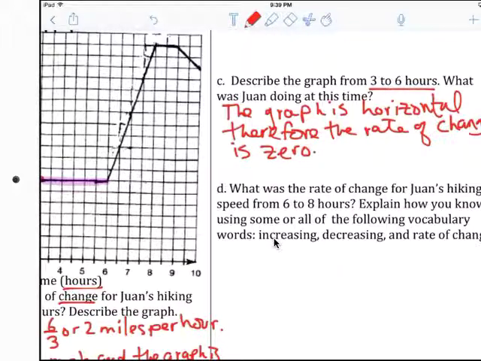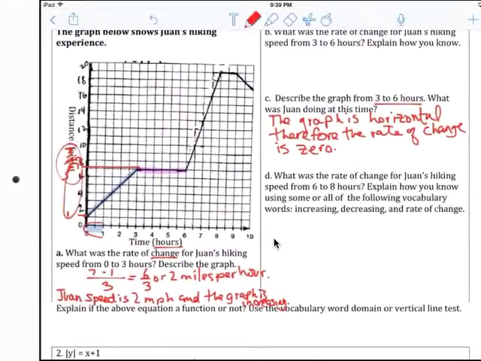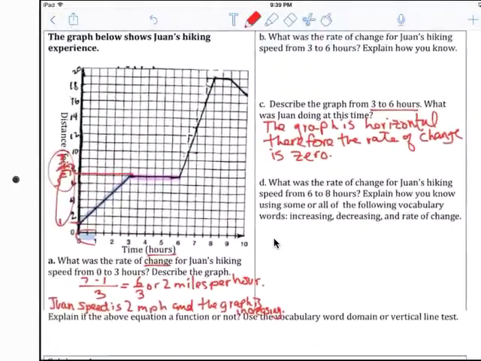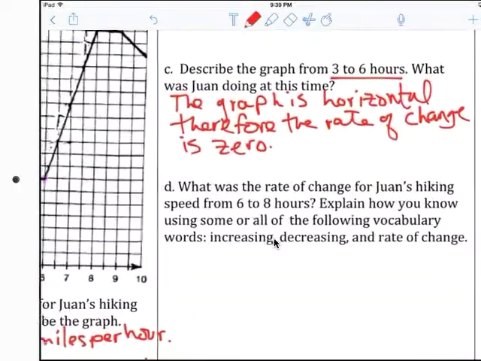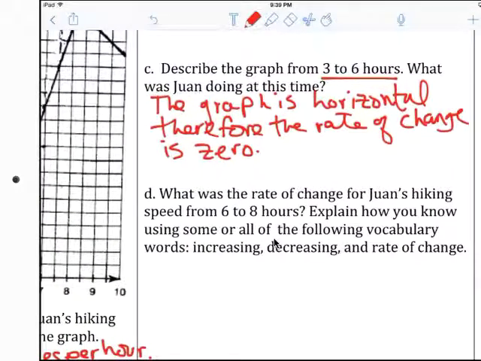What was Juan doing at this time? The rate of change is 0, which means Juan has stopped at 7 miles. Juan has stopped after 7 miles of traveling.